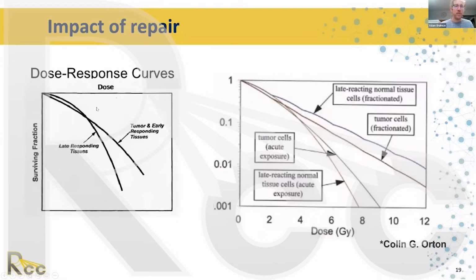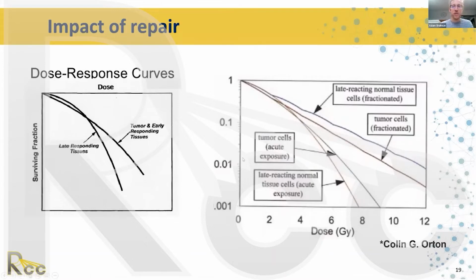Here the alpha and beta terms will be equal at a bigger dose. This would be tumor and early responding tissues, where the alpha beta would be closer to, say, 10 gray. With late responding tissues and this really curved shoulder, the alpha beta components become equal earlier on. Late responding tissues have an alpha beta closer to, say, 3.